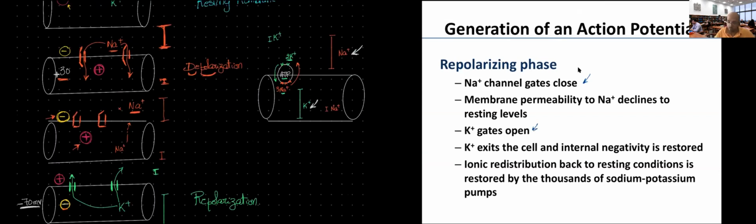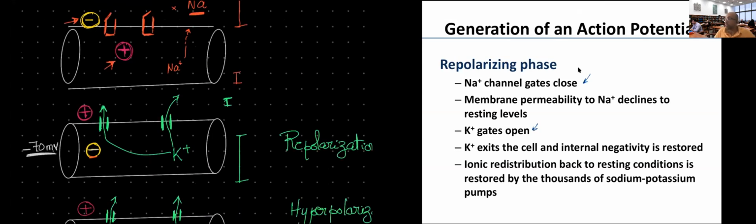So if we look around here, closing sodium, opening potassium. And as I open the potassium, potassium is going to be moving down its concentration gradient, moving from inside of the cell to the outside of the cell. This results in restoring the membrane negative state.